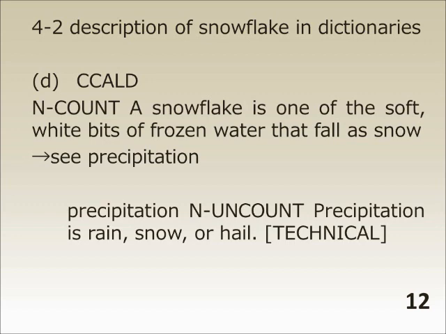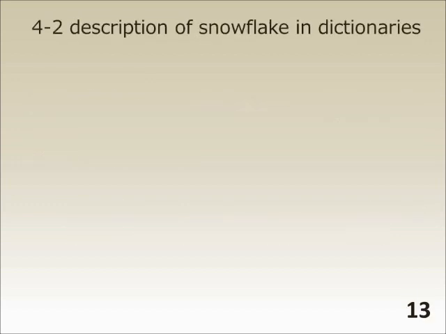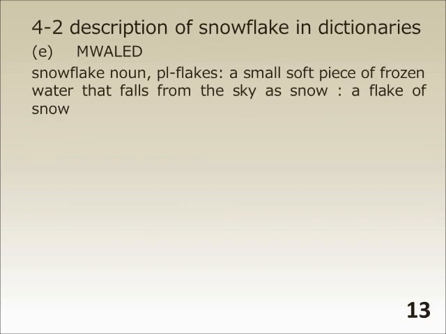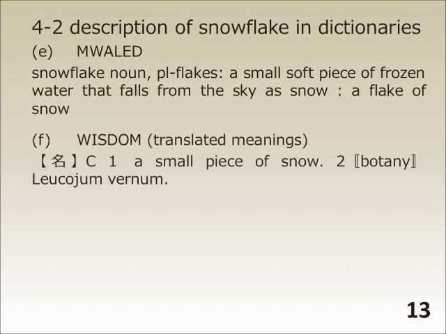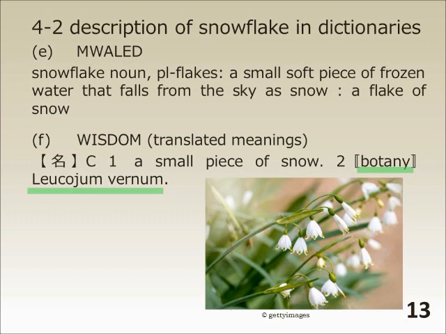Slide 12 is from Collins-Colville Advanced Learners Dictionary. There are not so many dictionaries that show the secondary meaning of snowflake, which is a small white flower. And I have not seen any dictionary showing the third meaning of the word.